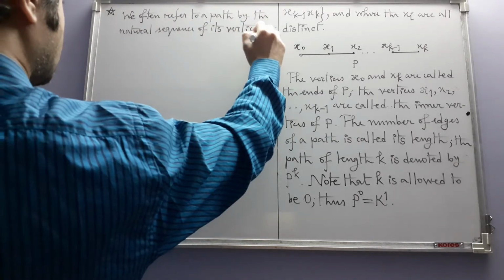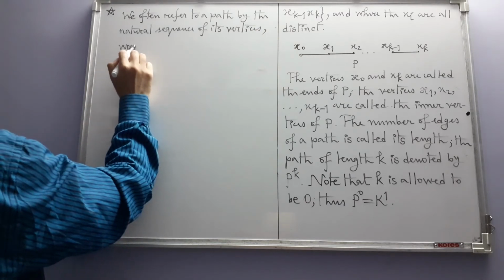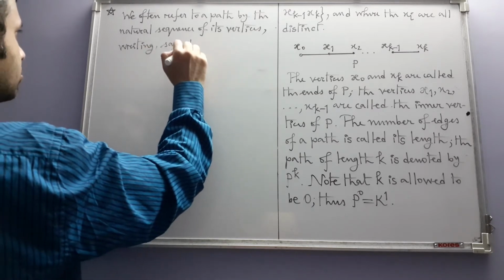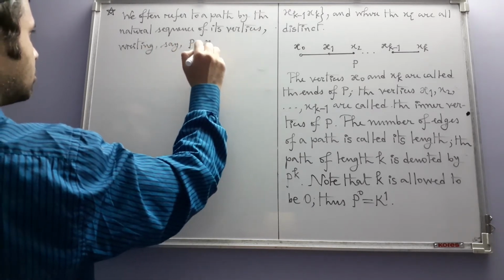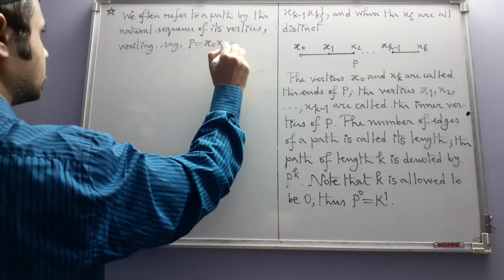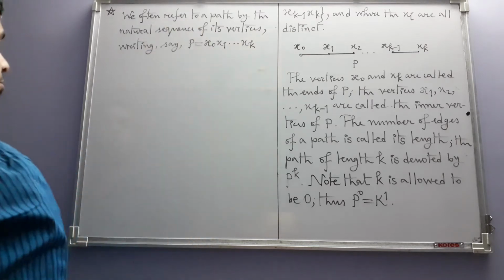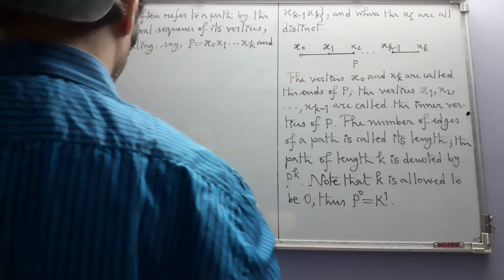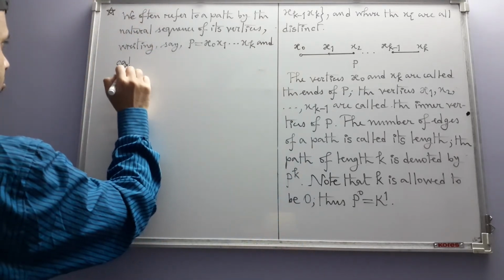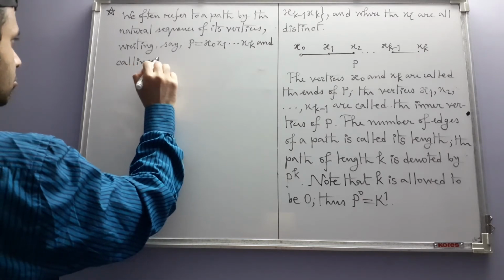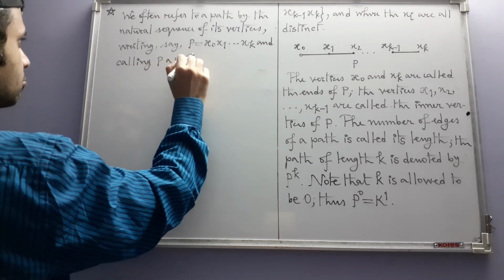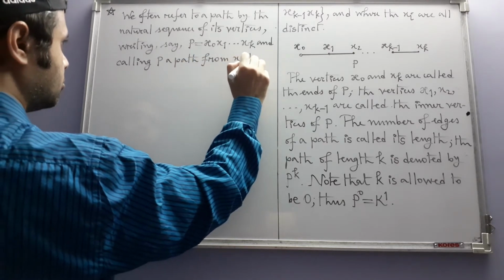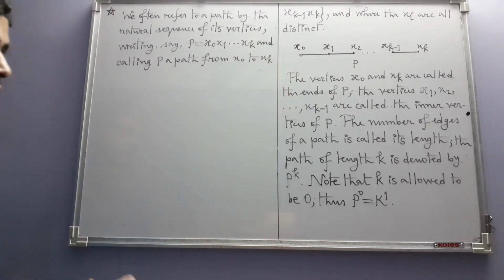Writing, say, P equal to x0, x1, etc. up to xk, and calling P a path from x0 to xk. So this is a new notation.